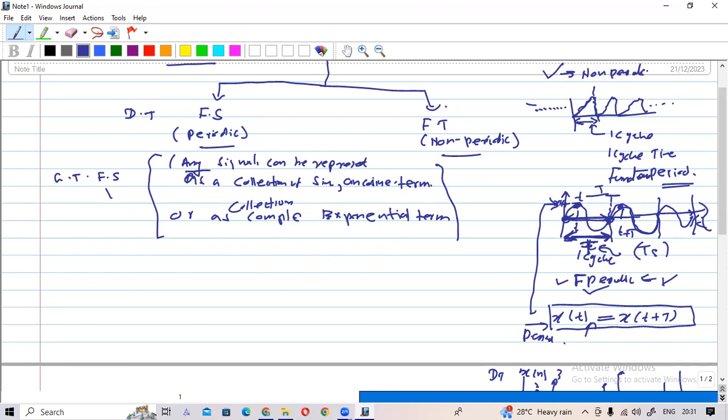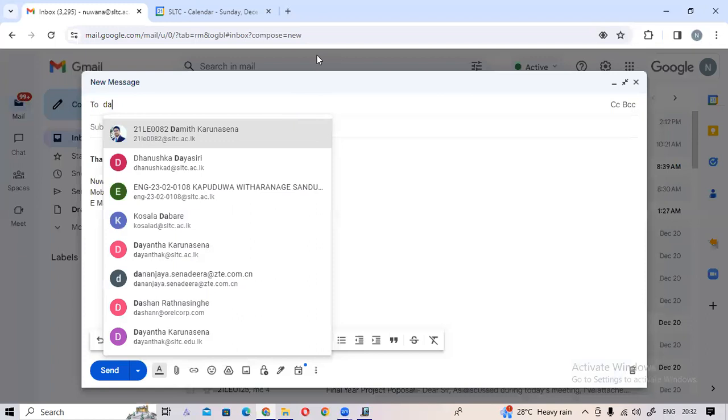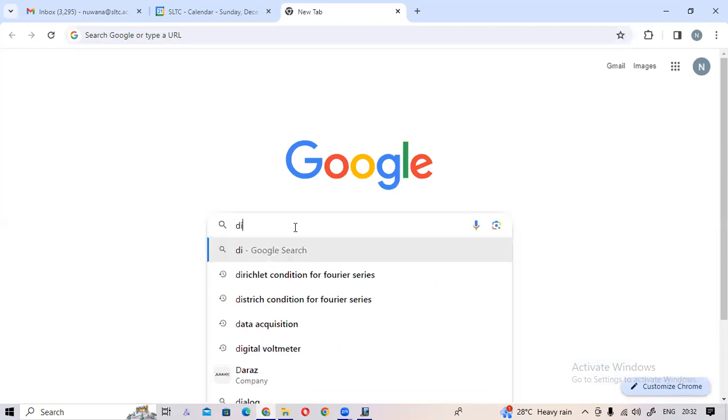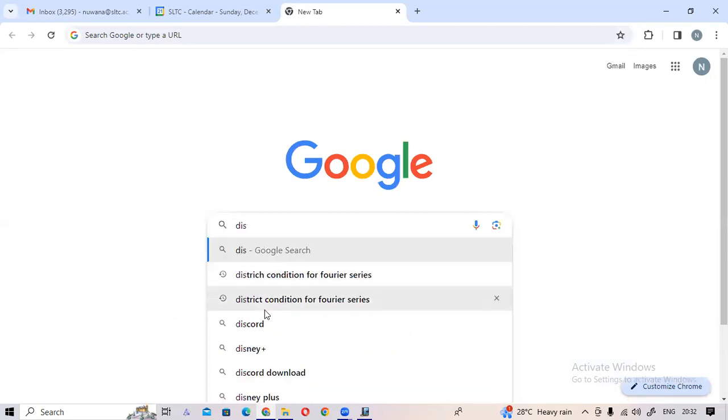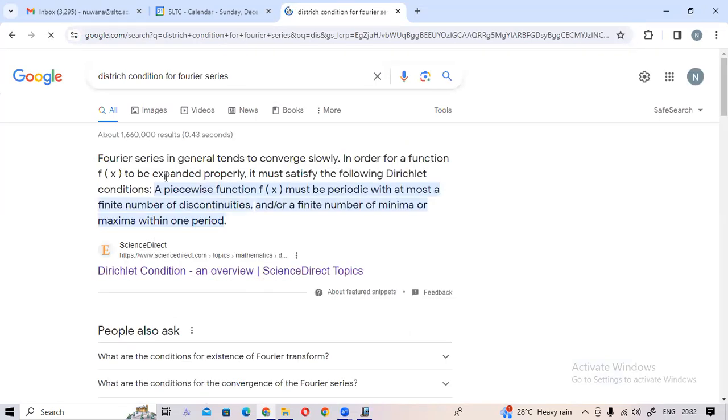Actually, this 'any signal' is not correct, because there is a condition. I can't always remember that condition. It is the Dirichlet condition.